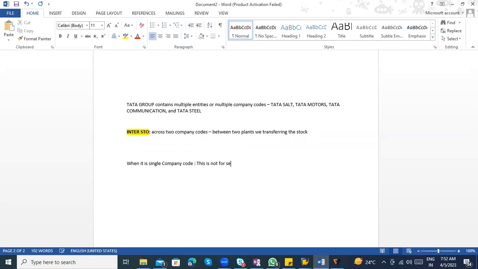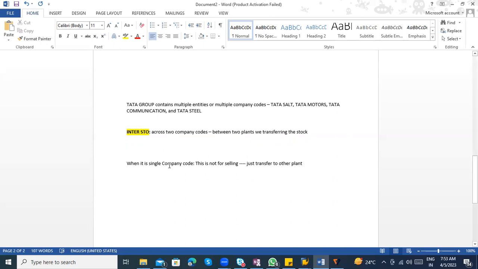We are maintaining all my accounting books at the company code level, entity level. So in that case it is not for selling. It is just a transfer to another plant, maybe because we need to do other activities, like packing, repacking, or reprocessing.